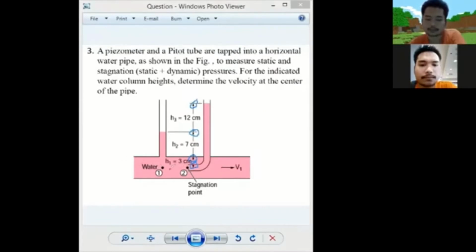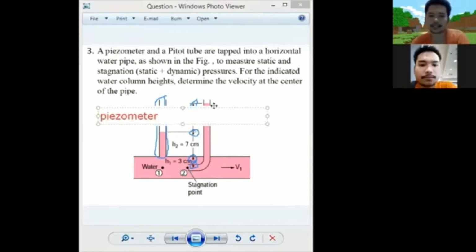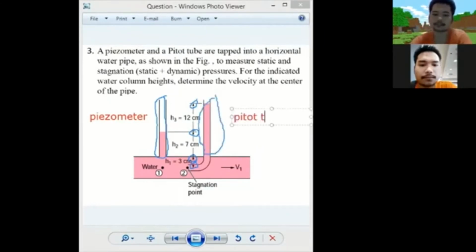We have the velocity, and then another point here is the stagnation point. This is known as a piezometer, and the other one is a pitot tube.